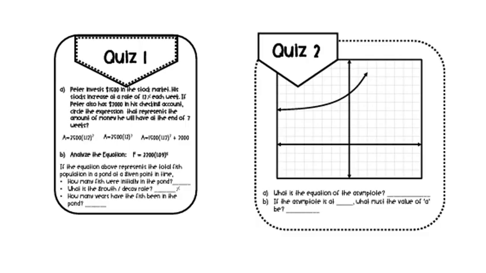I can barely read this, it is not a good copy. If Peter also has $2,000 in his checking account, circle the expression that represents the amount of money he will have at the end of 7 weeks.